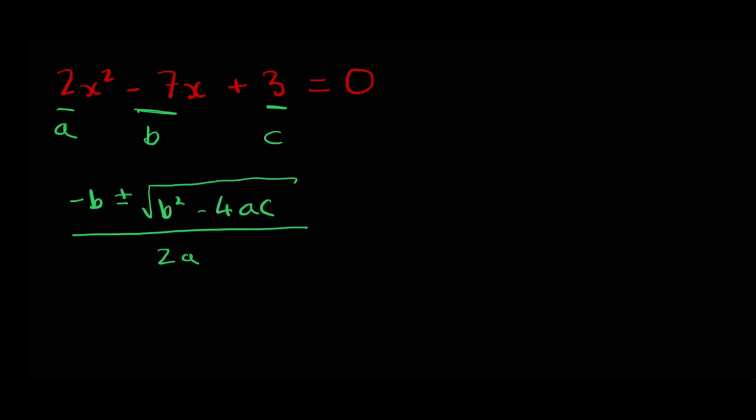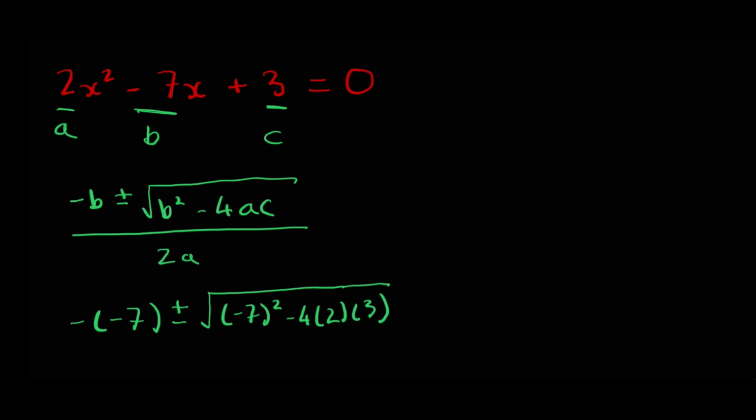So if we want to solve this, it equals minus negative 7 plus or minus root negative 7 squared minus 4 times 2 times 3, all over 2 times 2.